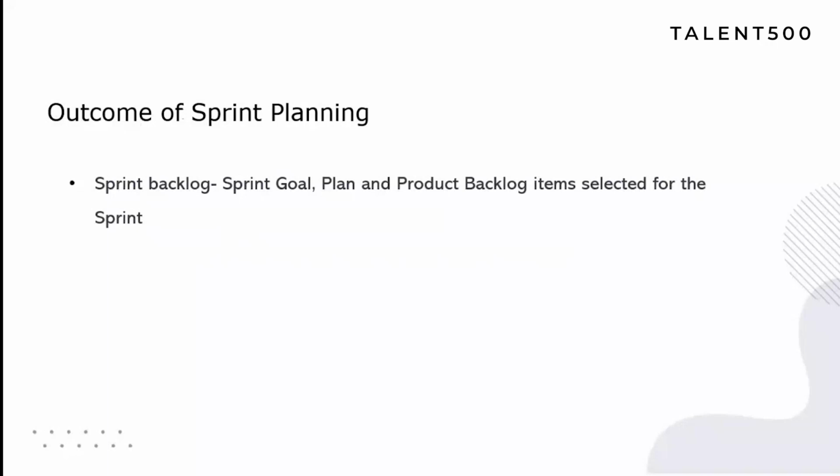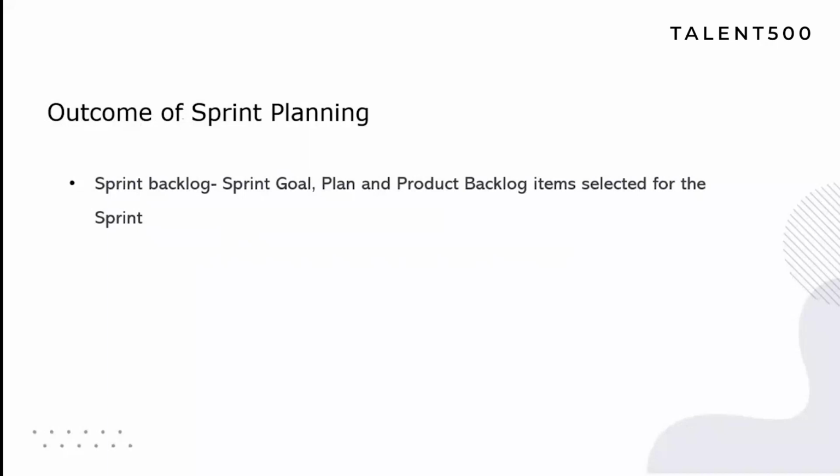The only outcome of sprint planning is the sprint backlog, which consists of the sprint goal, plan, and product backlog items selected for the sprint. The developers, along with the product owner, craft the sprint goal before the end of sprint planning and identify the sprint backlog, which means they discuss, they collaborate, they come together, and they start discussing each work item in detail.